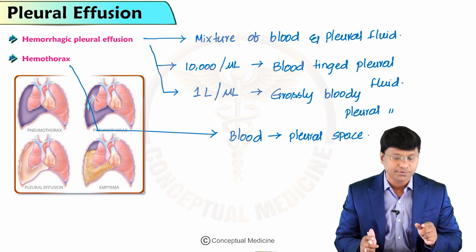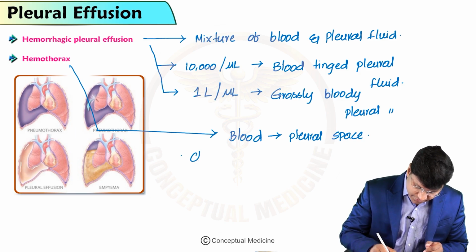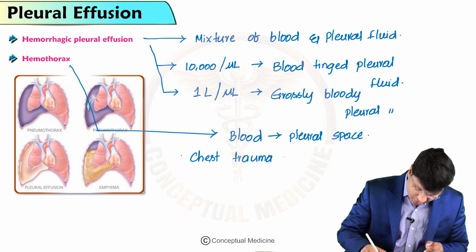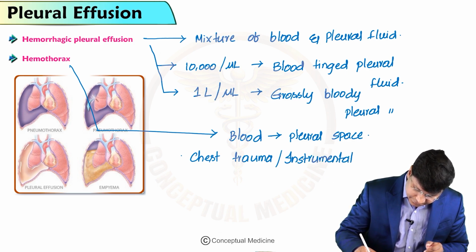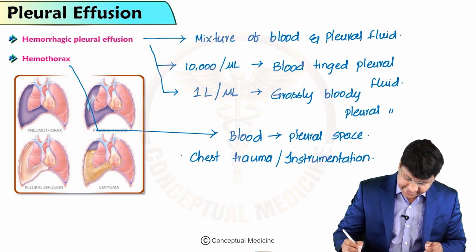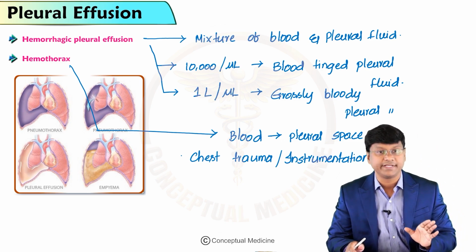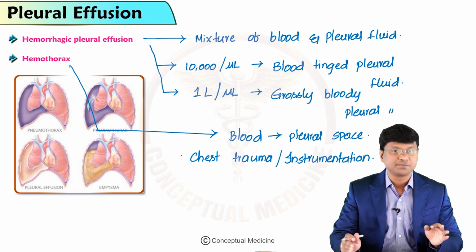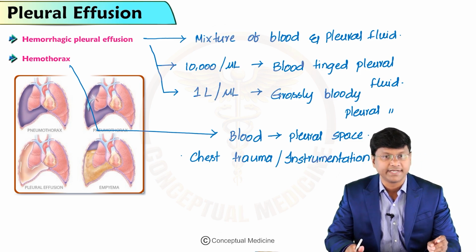The etiology includes number 1, chest trauma or instrumentation. Chest trauma or instrumentation is responsible for the development of hemothorax.